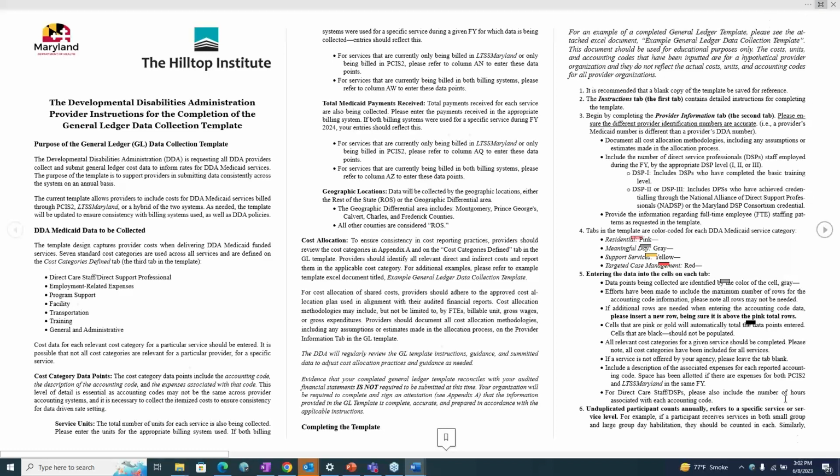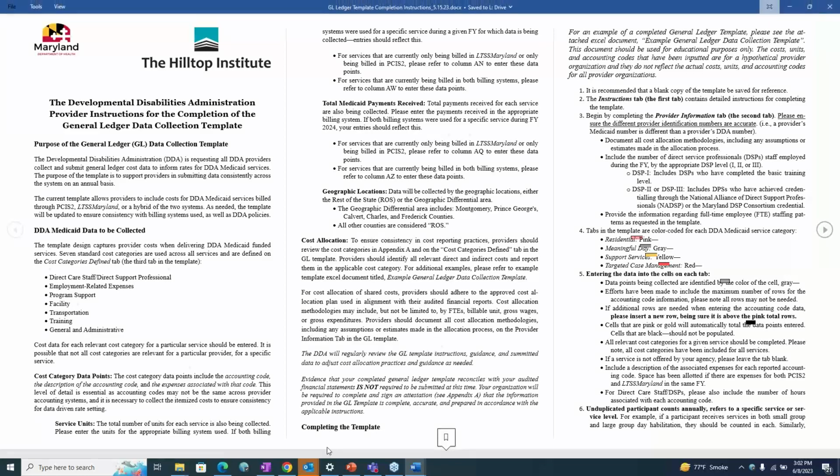Can everyone see my screen? Yes. I apologize. I tried to make this a little bit cleaner to show everybody, but I'm going to go ahead and roll with the instructions that are pulled up on my screen right now.